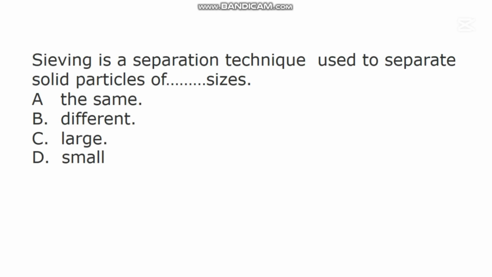In this question, the correct answer is B. Different sizes. There is a separation technique known as sieving. This sieving is a separation technique used to separate solid particles of different sizes.